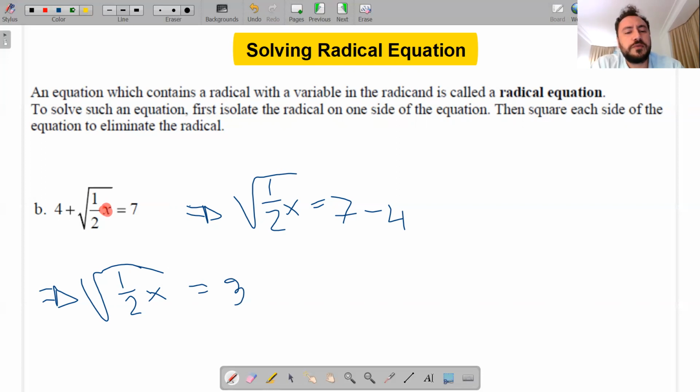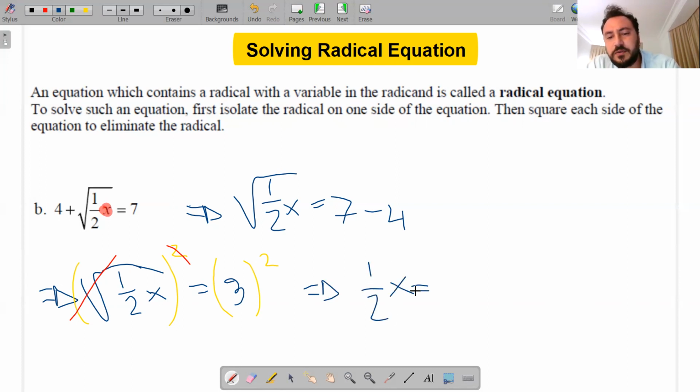To get rid of the square root, I'll power up both sides by 2. And so this one will go away, but on my right side, I will have 9. So now I have 1/2x equal 9. That means that to isolate my x now, I need to multiply by 2 on both sides. And I will get that x is equal to 18.